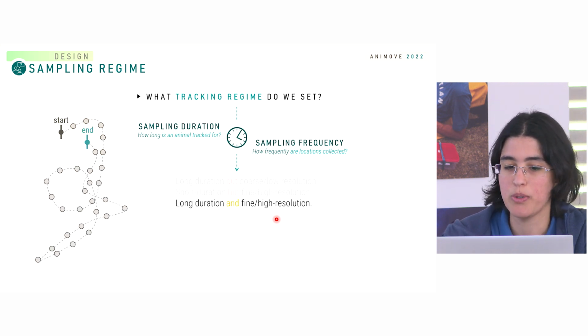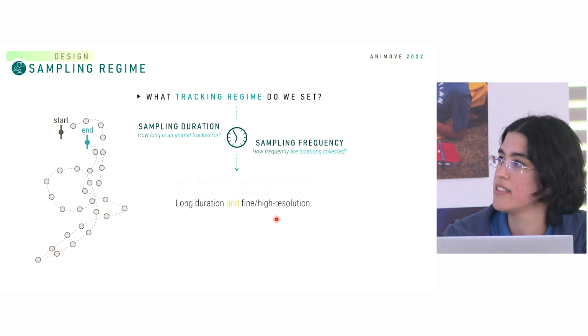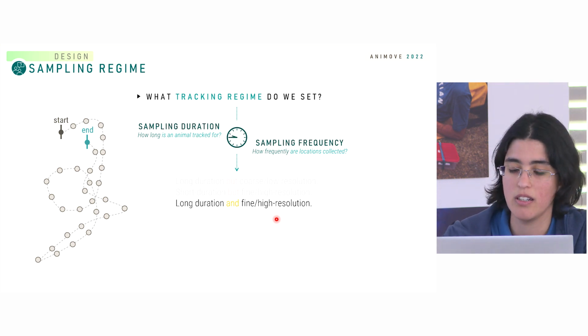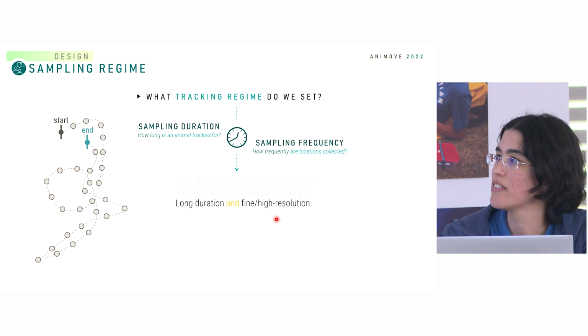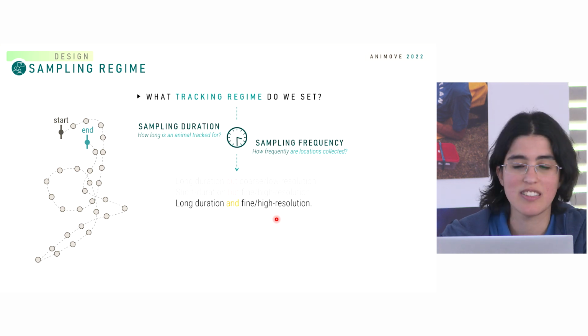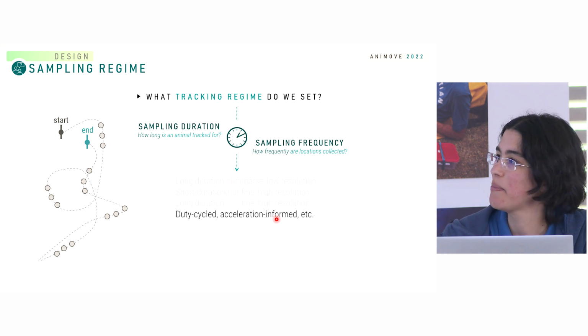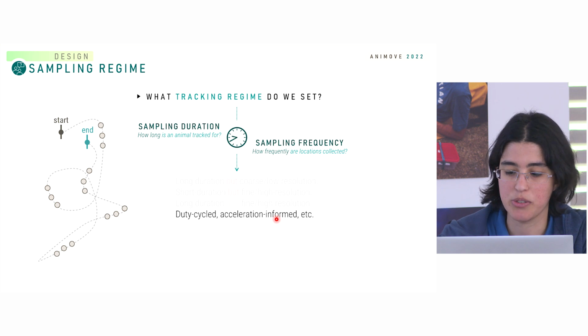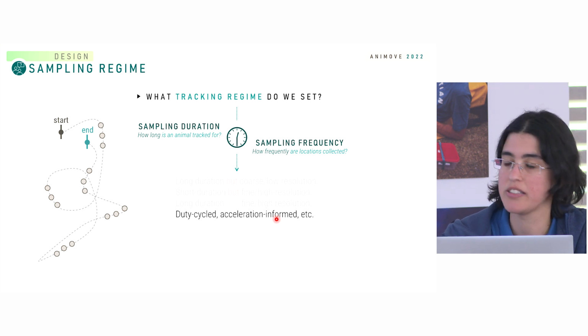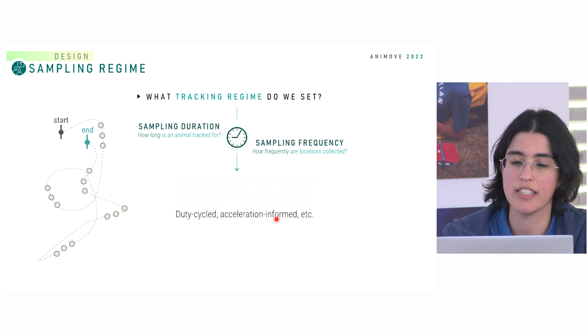Maybe you want both, long duration and fine, high resolution, which I think is what we all initially would prefer. If we can get both, it's better. And then you can have all the others, like the T-cycle acceleration informed tracking regime. So there's lots of options for what tracking regime you can assign to your device or to your data collection.